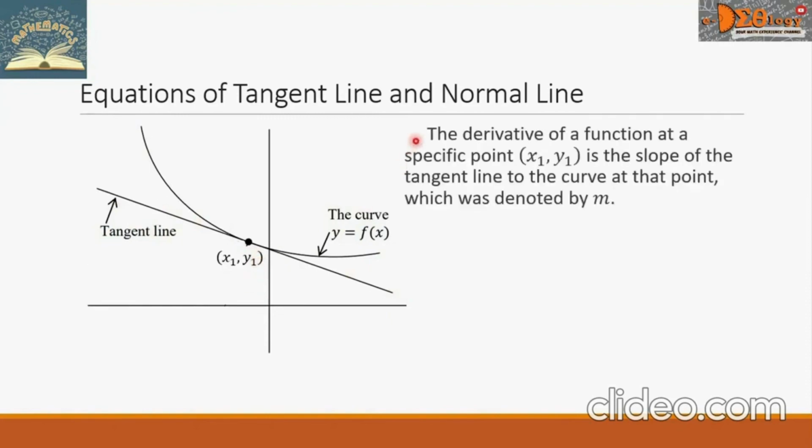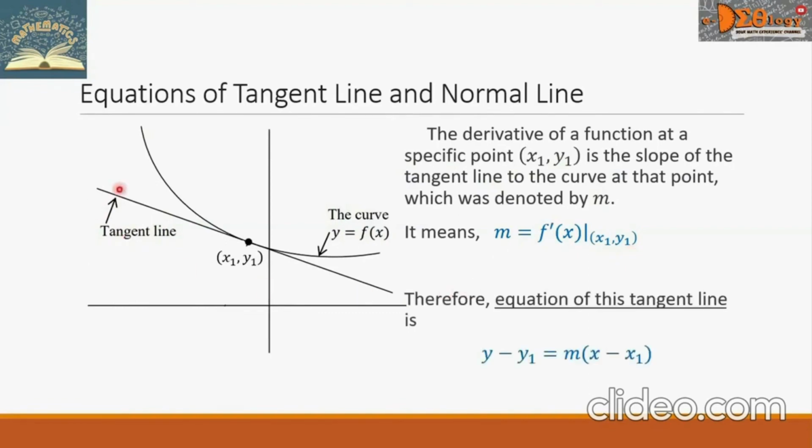The derivative of the function at a specific point x sub 1, y sub 1 is the slope of the tangent line to the curve at that point, which was denoted by m. It means in symbol we write m equals f prime of x at the point x sub 1, y sub 1.